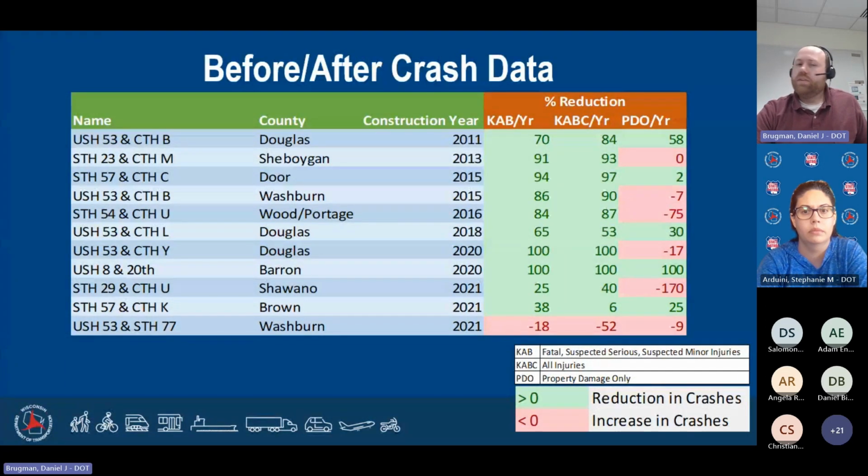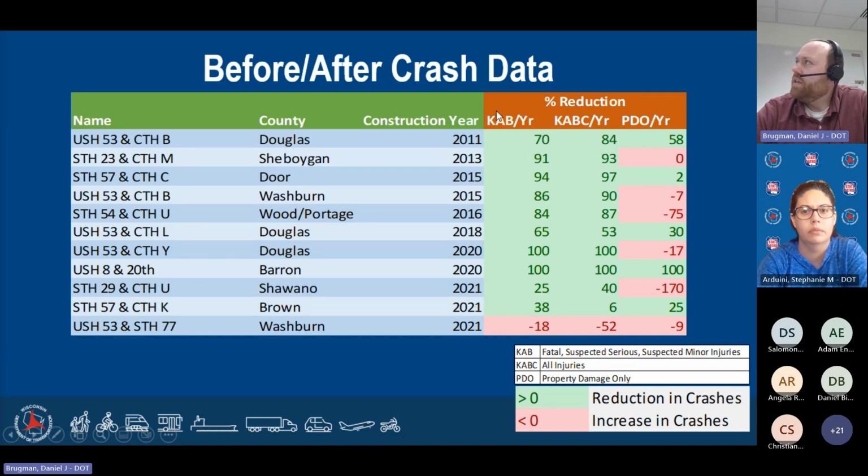Collectively, here's a simple before-after analysis of all of those that I shared previously that were built to address pre-existing safety issues. Anything green, and I don't know how well it's coming up across here, but anything green that's positive shows a reduction in crashes, and anything red shows an increase in crashes.